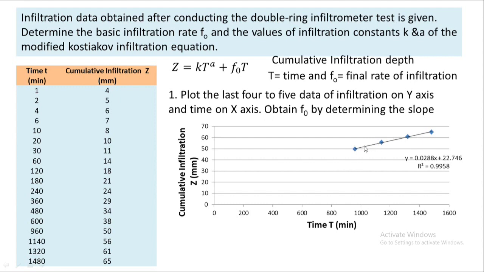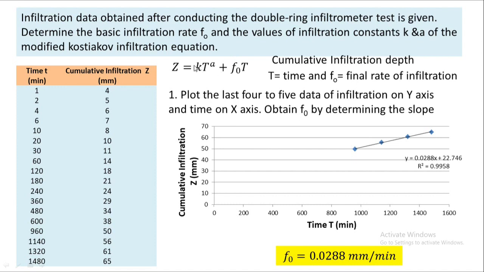So the slope of this equation y equal to 0.0288x plus 22.746 is our final rate of infiltration, which is equal to 0.0288 millimeters per minute. This is the final rate of infiltration, or you can also say basic intake rate. So F0 of the modified Kostiakov equation has been obtained.